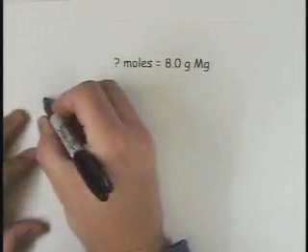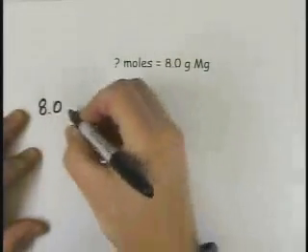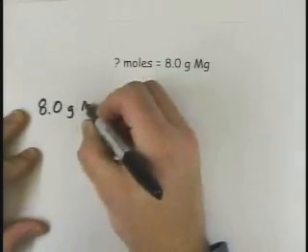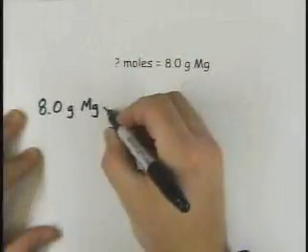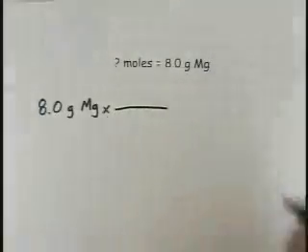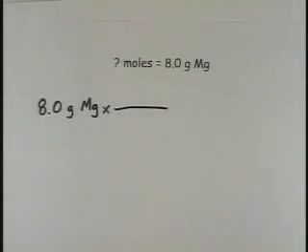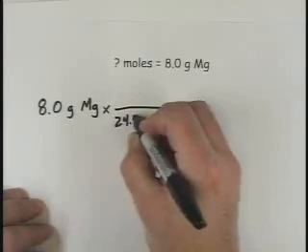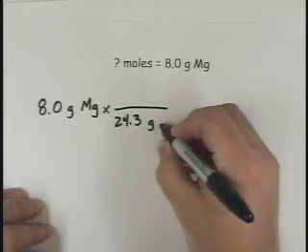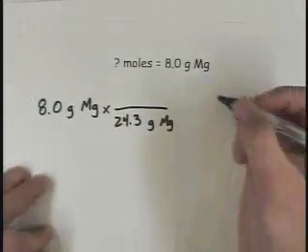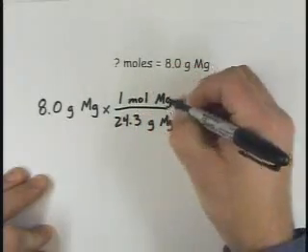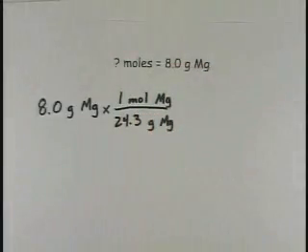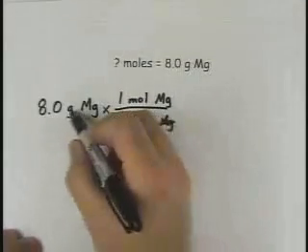And working the problem, we start with 8.0 grams of magnesium, and we let the units of the conversion factor guide us. So we put 24.3 grams of magnesium on the bottom, and 1 mole of magnesium on the top. Our grams of magnesium cancel.